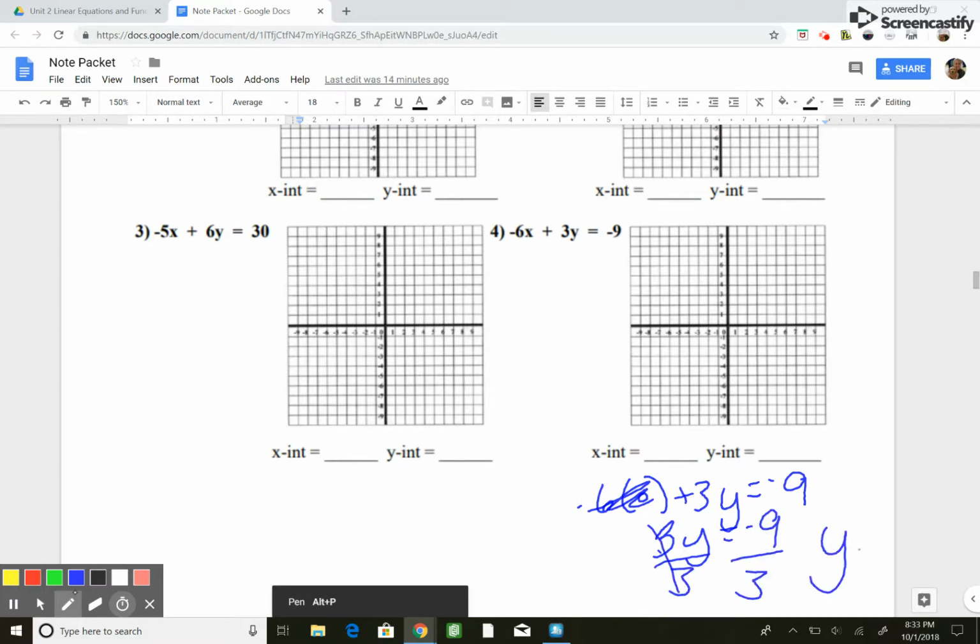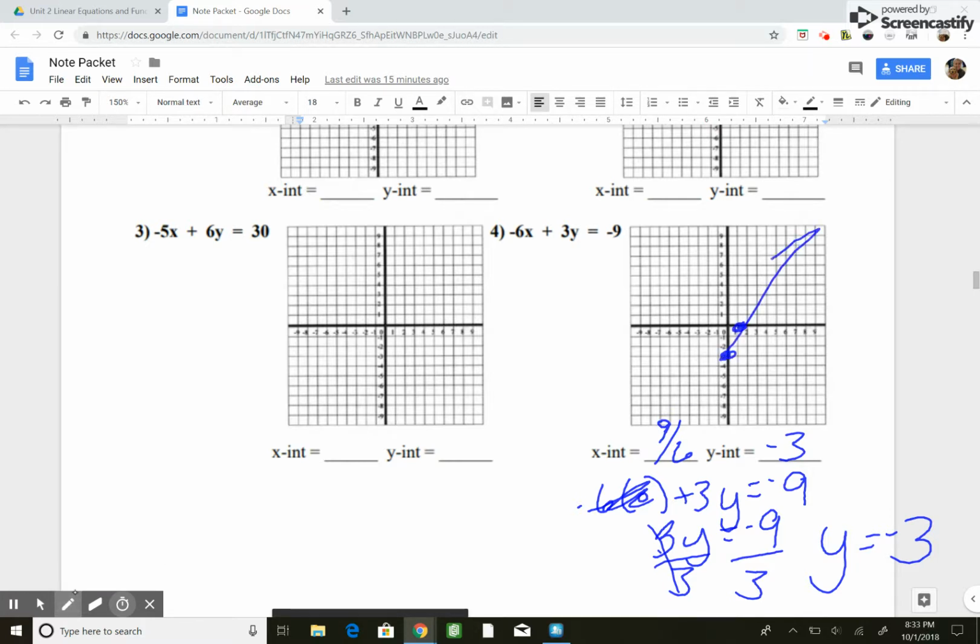So y equals negative 3. This was 9 over 6. So we were here in between 1 and 2. And then on the y-axis, we're down at negative 3. Connect the dots. So like I said, plug 0 in for x, plug 0 in for y, and then plot the two intercepts.